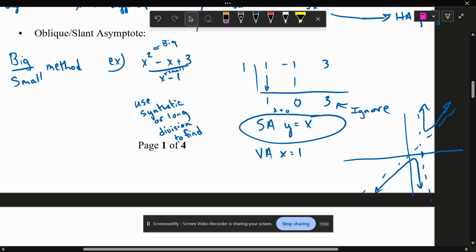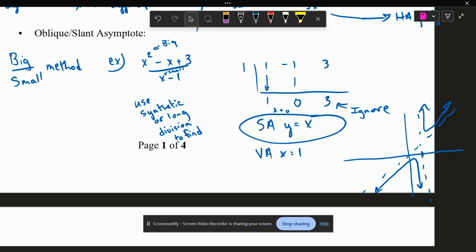In the example given, you have x squared minus x plus 3 over x minus 1. The x squared is bigger than the x. So then you have to use synthetic or long division to find a slant asymptote. That's why we learn how to do synthetic or long division.